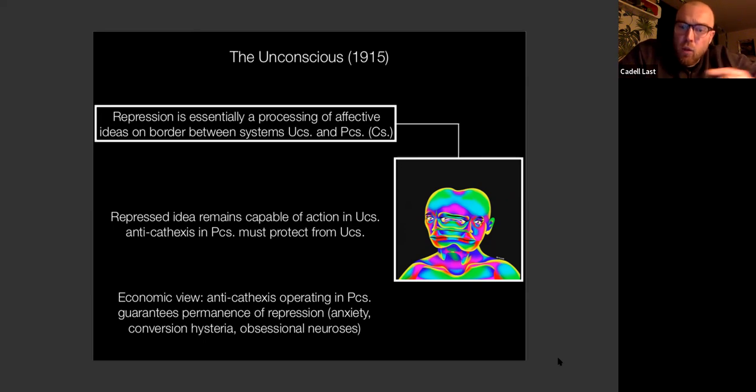And the way in which the anti-cathexis of the preconscious operates on the unconscious is, for Freud, how one would determine from an economic point of view the difference between anxiety hysteria, conversion hysteria, and obsessional neuroses, which I encourage you to read in the paper itself, where he describes each of these three distinctions in great detail. We've also covered these three distinctions before in previous workshops.